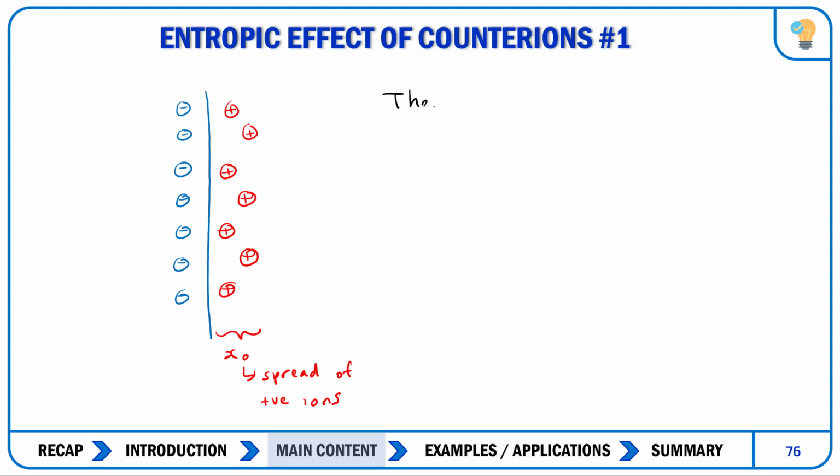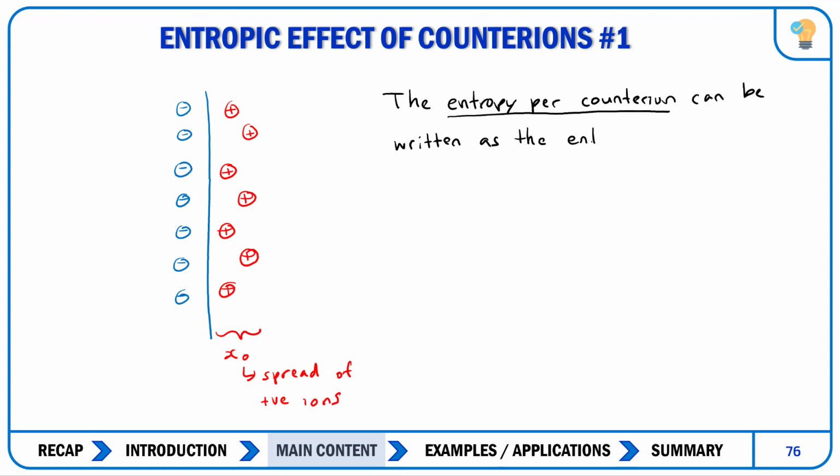Now, the entropy per counterion can be written as the entropic contribution to the free energy.